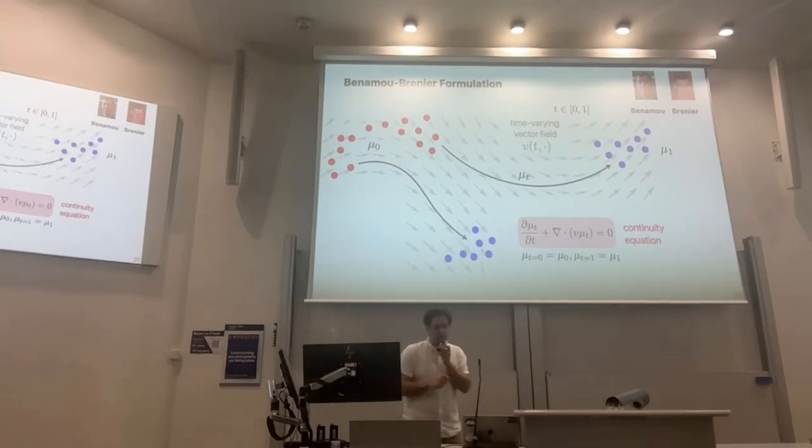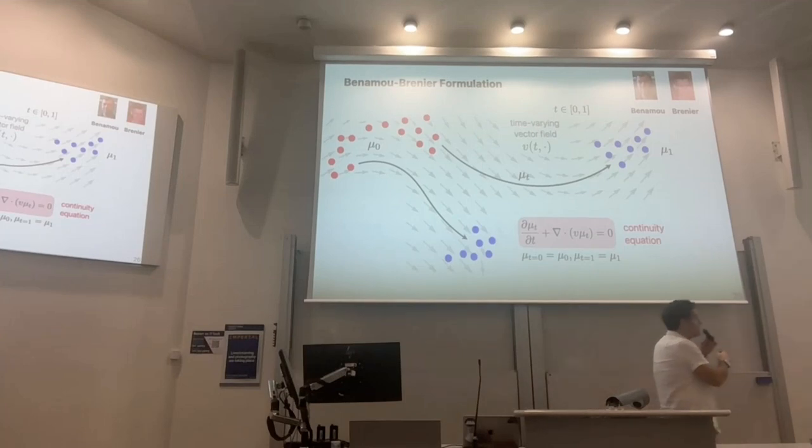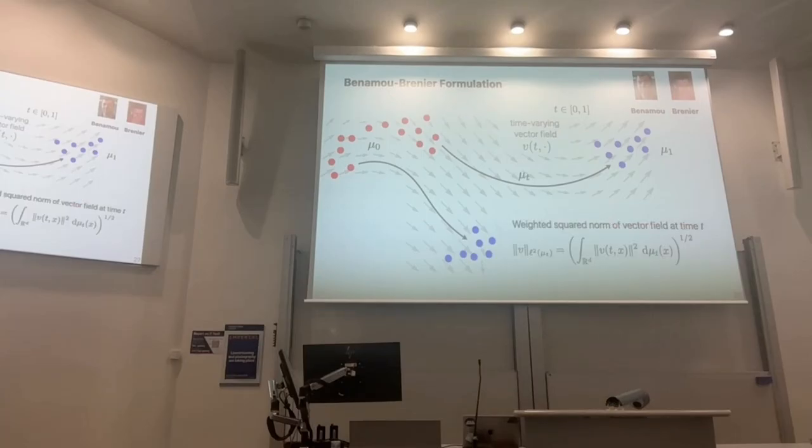So this is very simply this continuity equation. This is just a feasibility constraint. This is just to say something that essentially validates that it is working to push the mass of that measure.